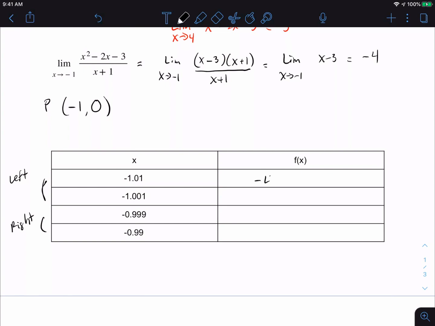This one's going to be -4.01. This is a -4.001. This one's a -3.99. And this is a -3.999. Now, we can see the middle two terms, we're approaching -1, right? On this side, we're approaching -1 right here, right? Between these two guys. What are we approaching here?